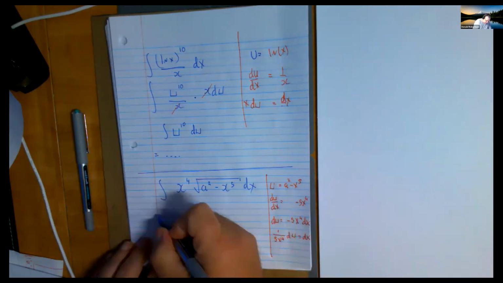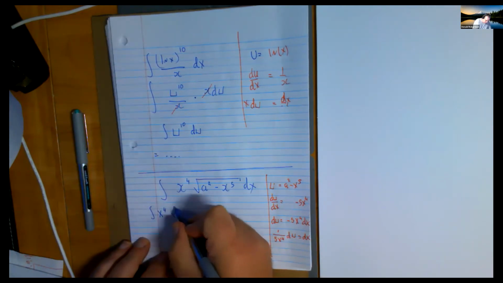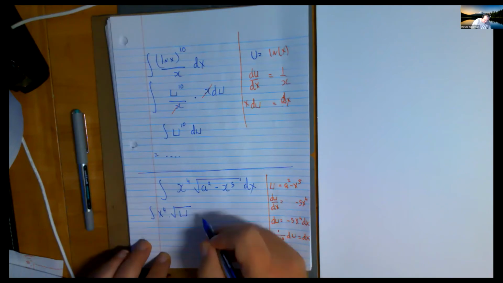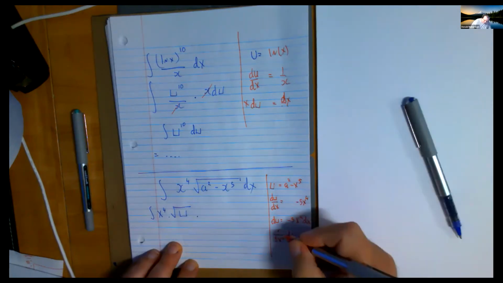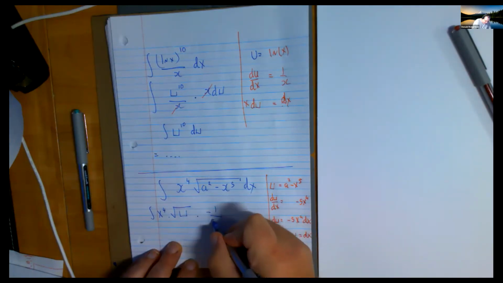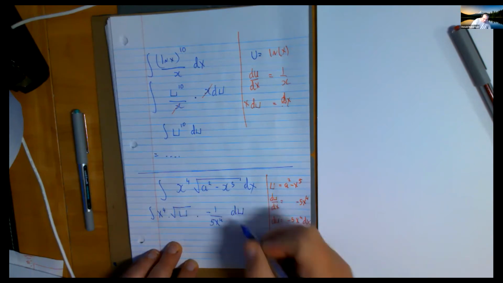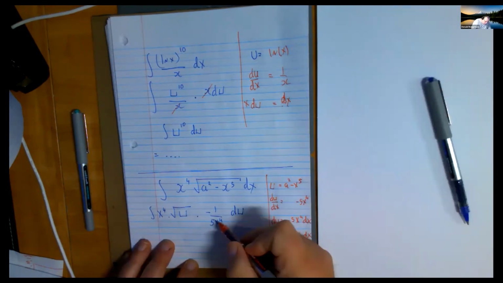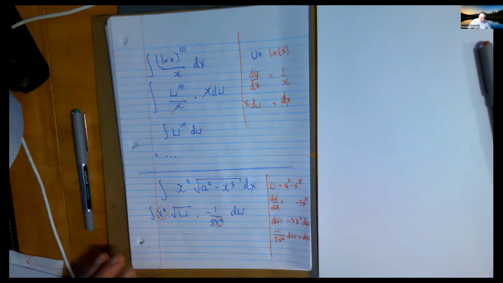So this becomes the integral of x to the 4, the square root of u, and the dx gets replaced by a negative 1 over 5x to the 4 du. And exactly what we would hope. Don't you tend to get the leftover x's killed off? That's a very good sign.